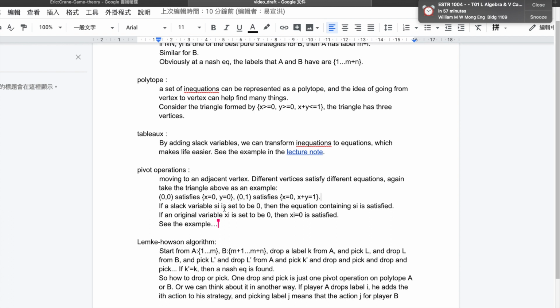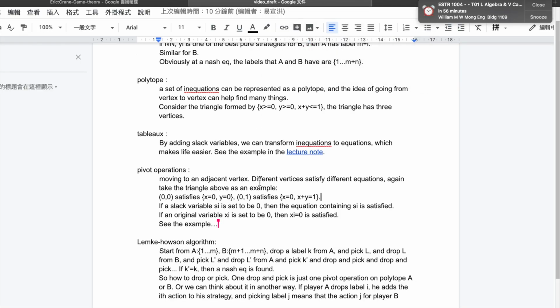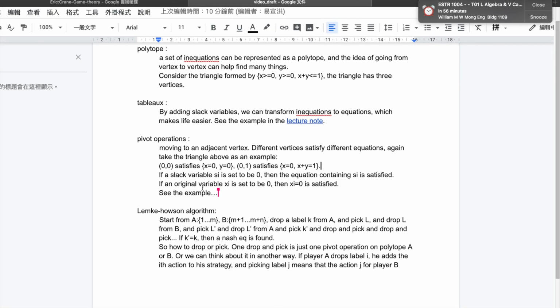If a slack variable Si is said to be 0, then the equation containing Si is satisfied. For example, here, if R1 is 0, then y4 plus 3 y5 equals to 1. This equation is satisfied. If an original variable xi is said to be 0, then obviously xi equals to 0 is satisfied.